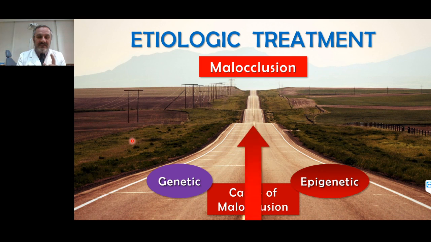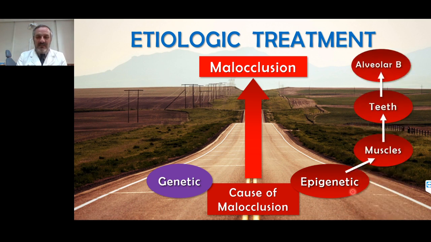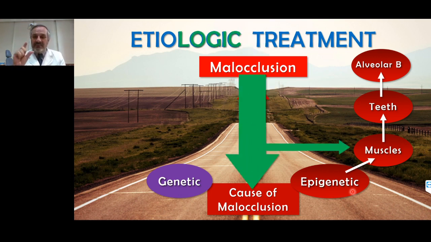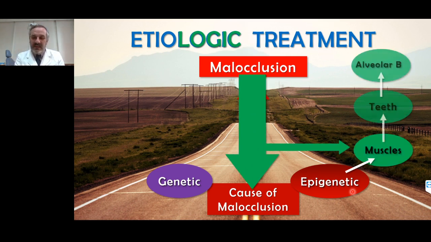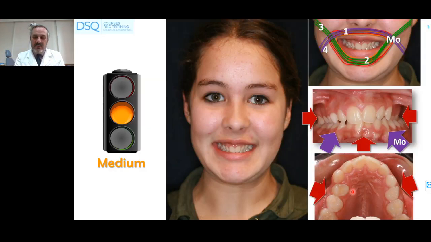For this reason, it's very important to understand that malocclusion is the product of an etiological problem that depends on genetic and epigenetic factors. The epigenetic factors are related to the muscle, the teeth, and the alveolar bone. Okay, for this reason, we have to treat the muscle, we have to treat the teeth, we have to treat the alveolar bone.